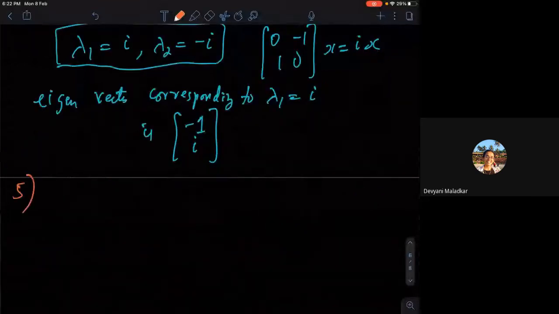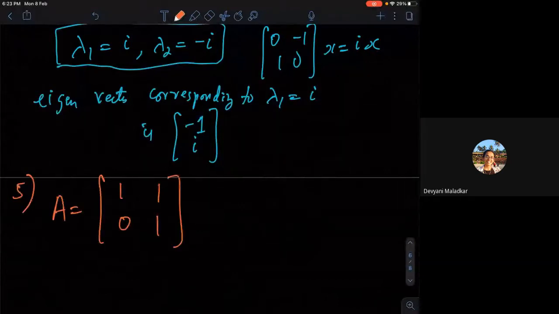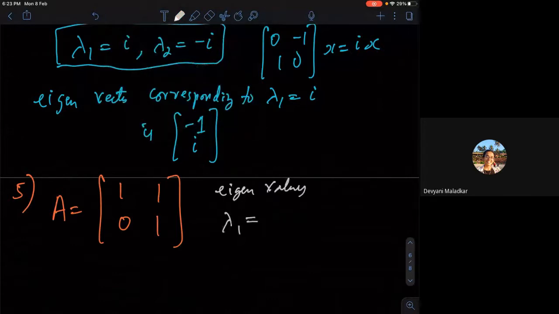Now, finally, the last kind of matrix. Here is a matrix A equal to 1 1 0 1. Can someone tell me its eigenvalues? What are the eigenvalues?